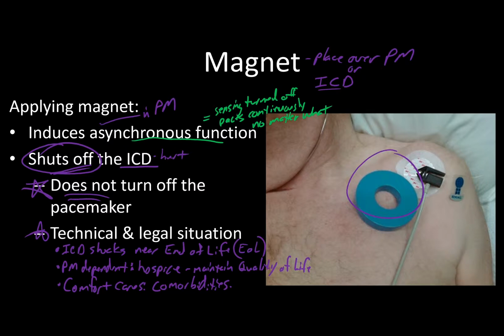The failure of the lungs will lead to low oxygen in the body and other related problems. That will ultimately cause the patient's demise, and the pacemaker's function will not alter the outcome. And so in those scenarios, we put the magnet on there to keep the ICD from shocking, but then we just leave the pacemaker running because other stuff will ultimately cause them to pass away.